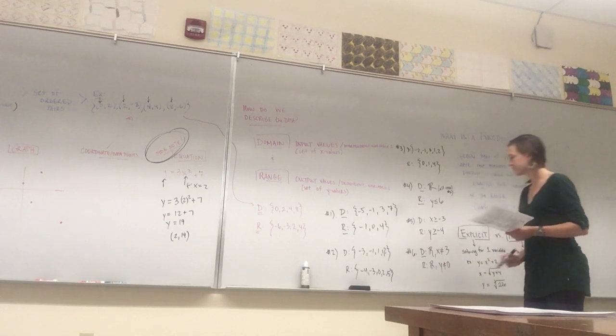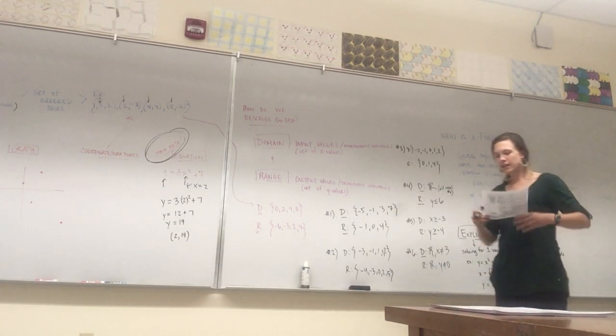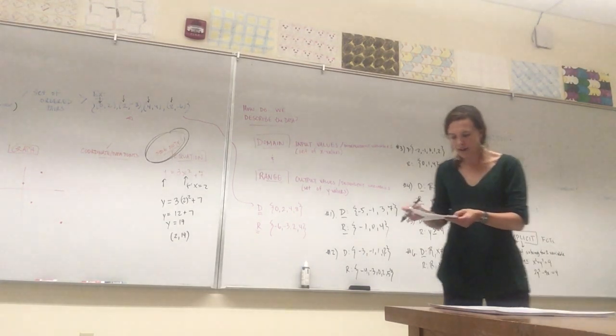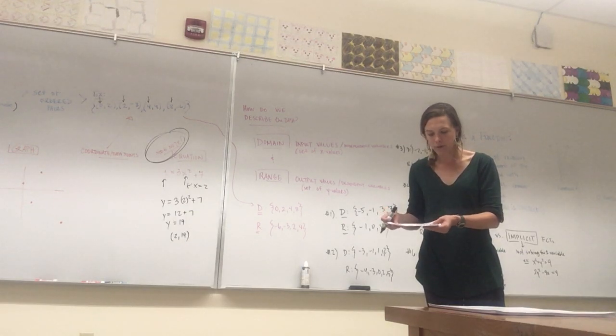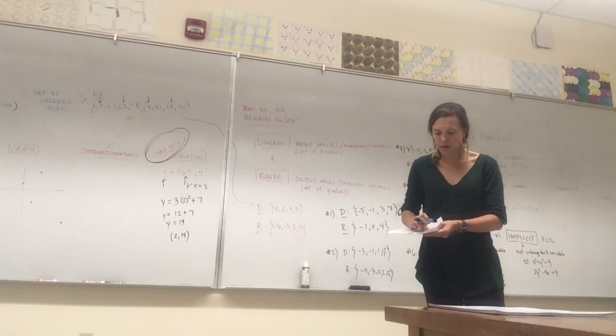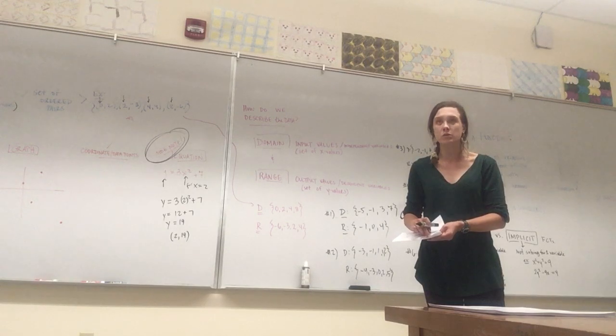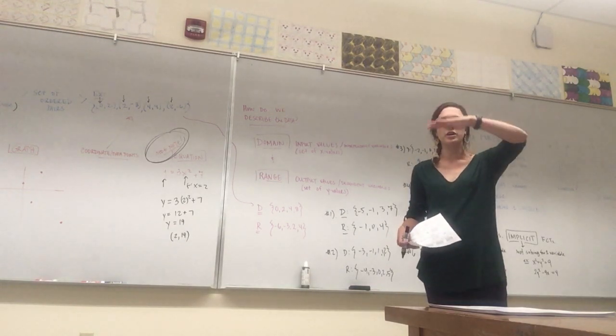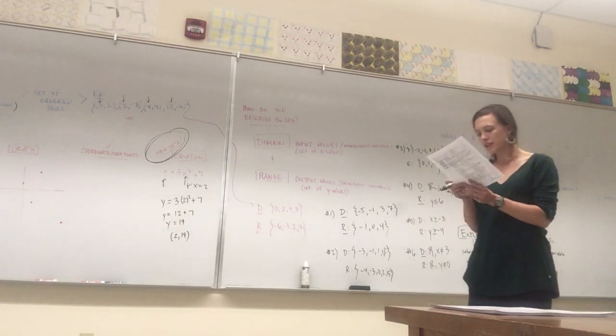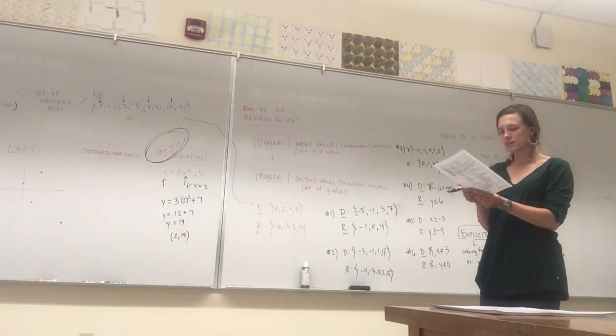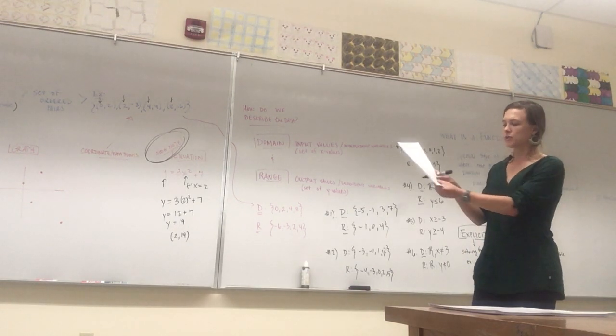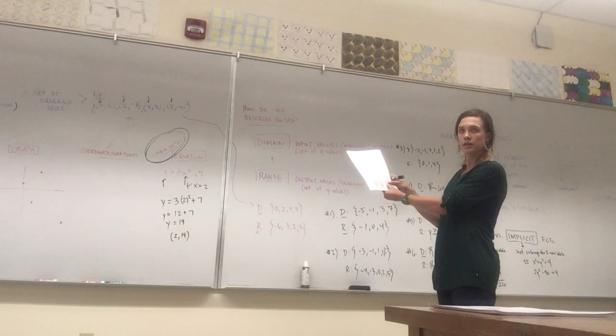Why? Because the only y value that these lines do not touch or equal is y equals 0, the origin line. The only x value they do not equal is 3.